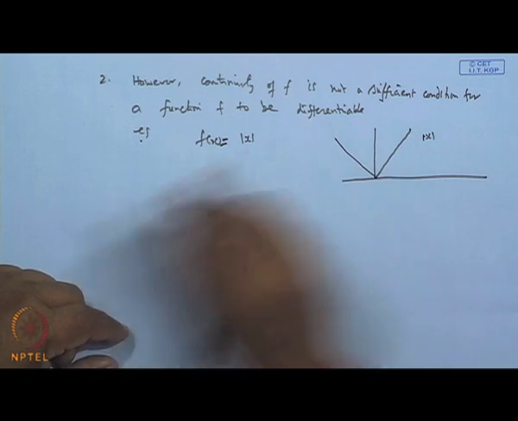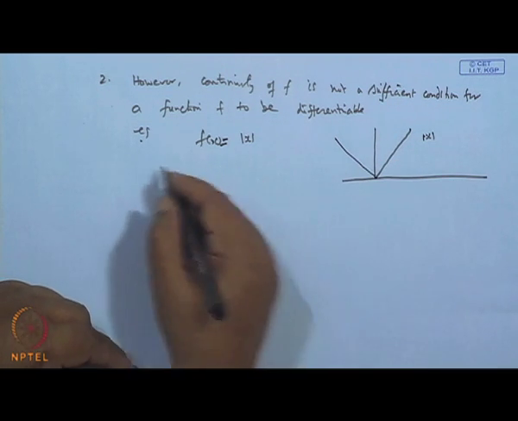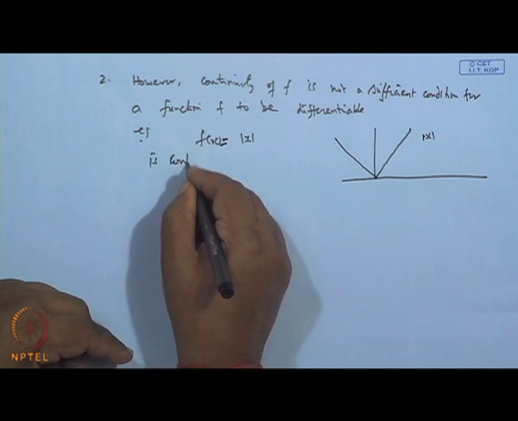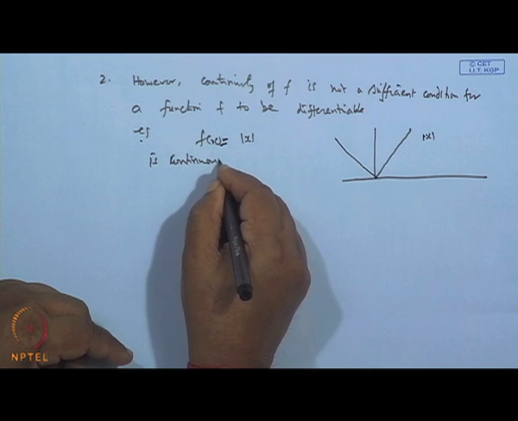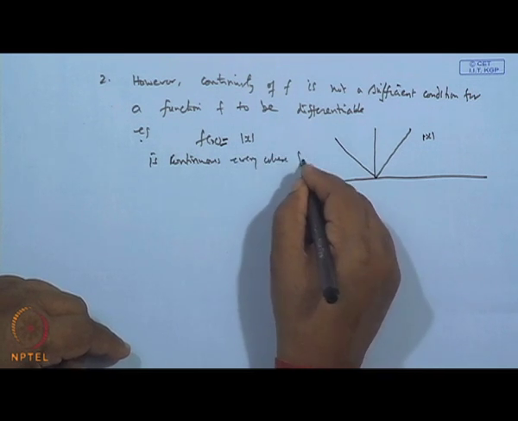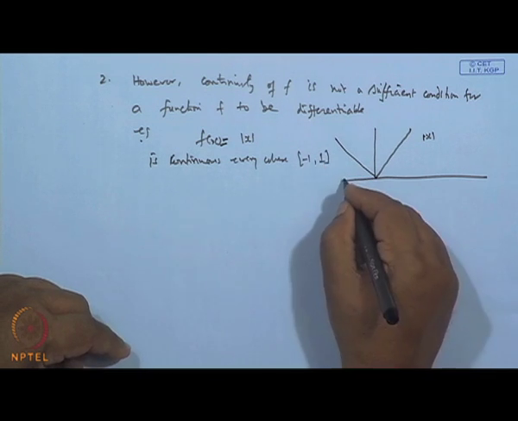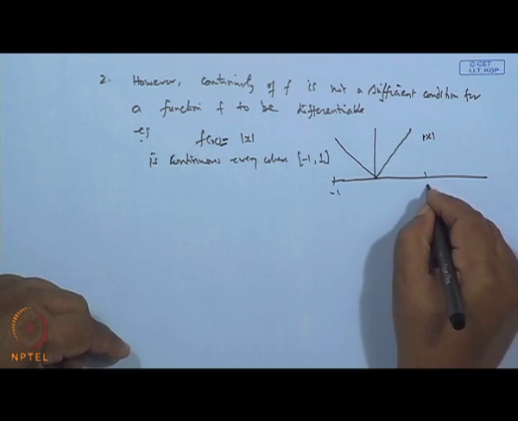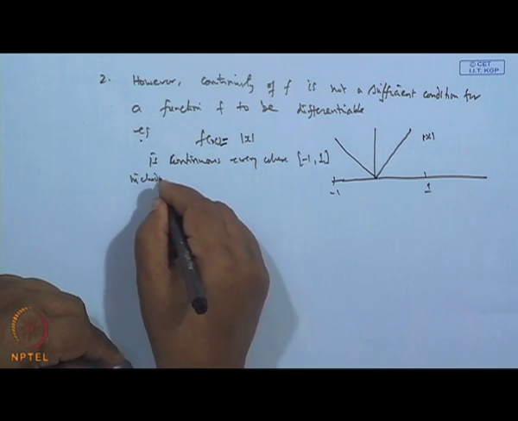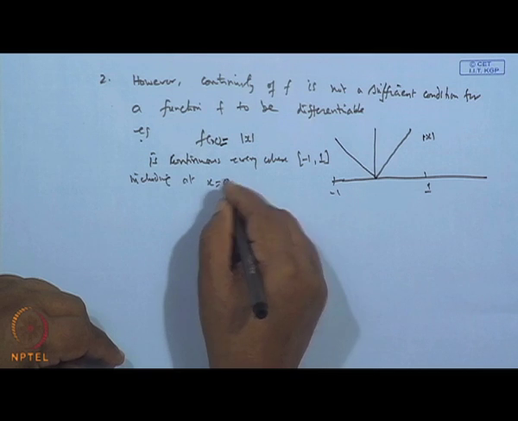Now, it is a very smooth curve, it is a continuous curve. In fact, the function f x is continuous everywhere, say on the interval minus 1 to 1 for my convenience, including at the point x equal to 0.